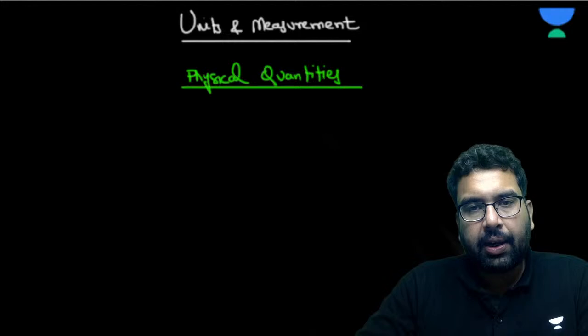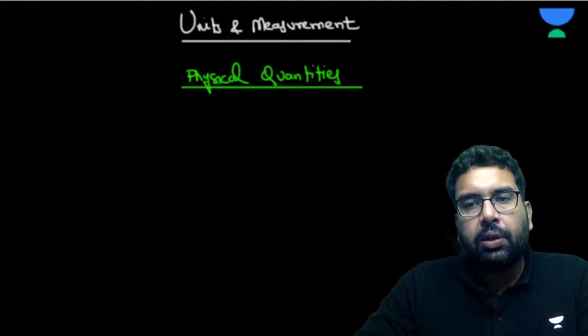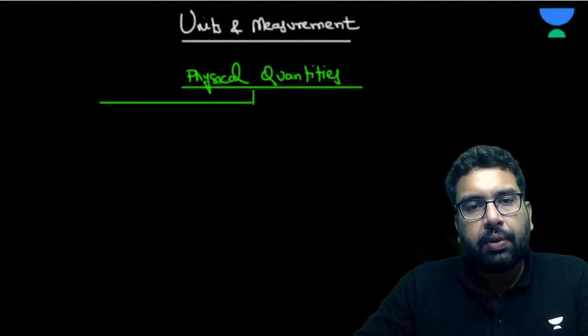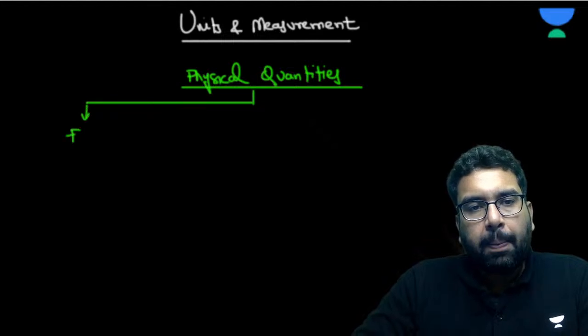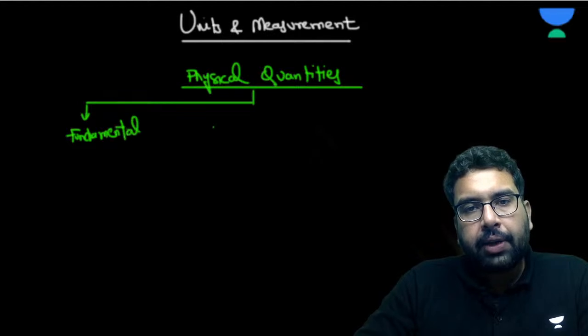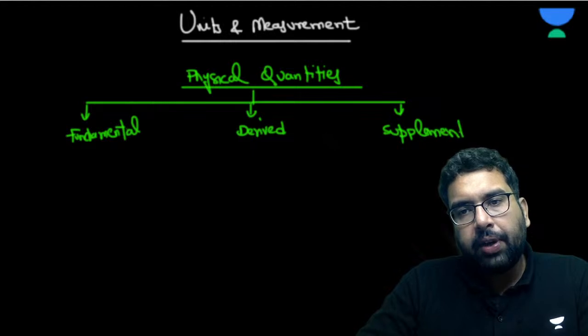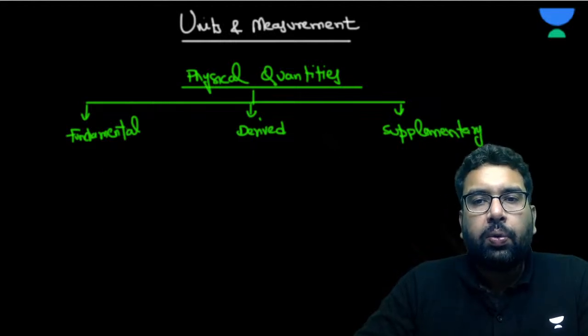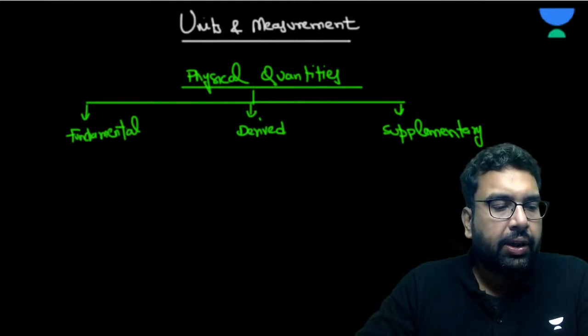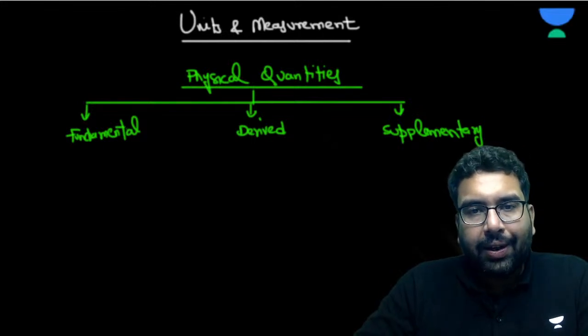Now, there are 3 kinds of physical quantities: one is fundamental, one is derived, and one is supplementary. In the whole of physics, you are going to see these 3 kinds of quantities.